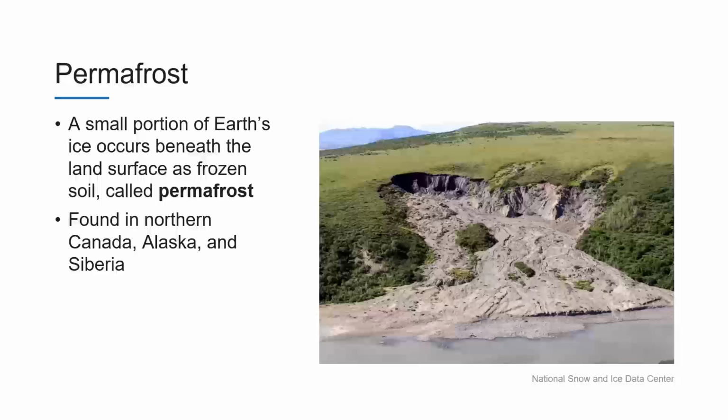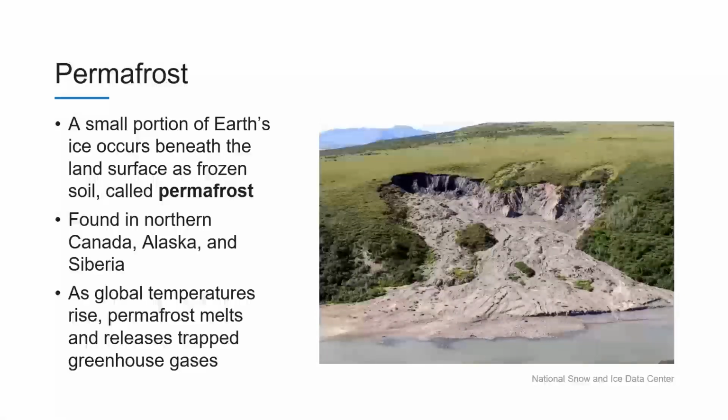This isn't just a physical change, it has a big impact on climate. So frozen soil locks away organic matter, like dead plants and animals, keeping them from decomposing. But when permafrost melts, this material breaks down, releasing carbon dioxide and methane, these powerful greenhouse gases, into the atmosphere.